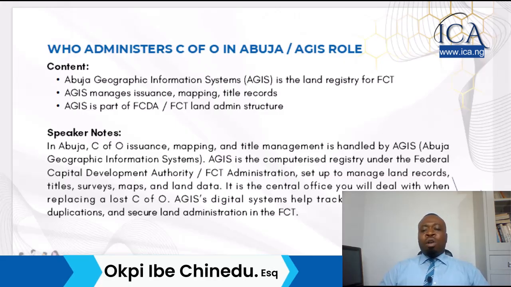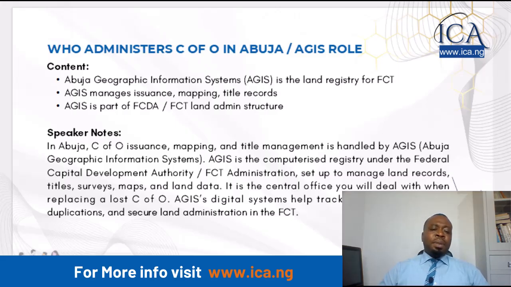AGIS is the computerized registry under the Federal Capital Development Authority, or FCT administration, which is set up to manage land records, titles, surveys, maps, and land data.